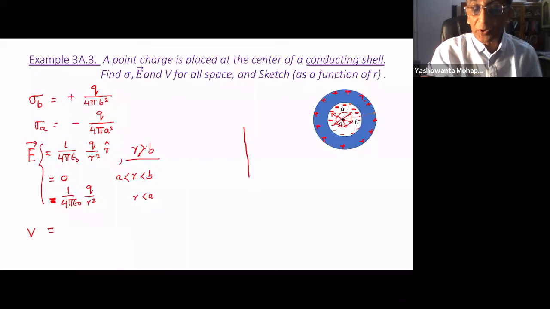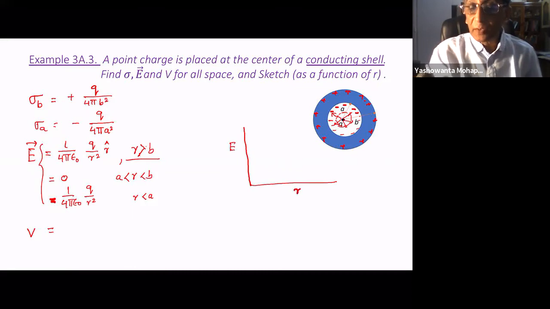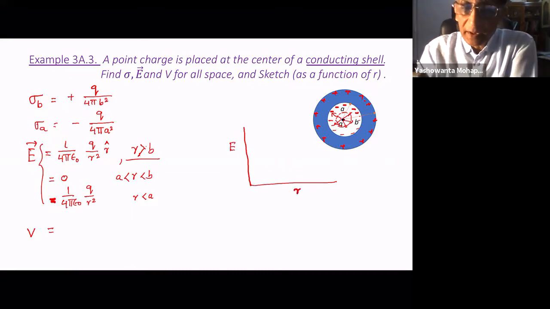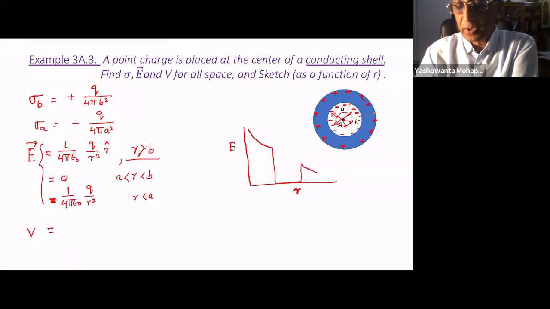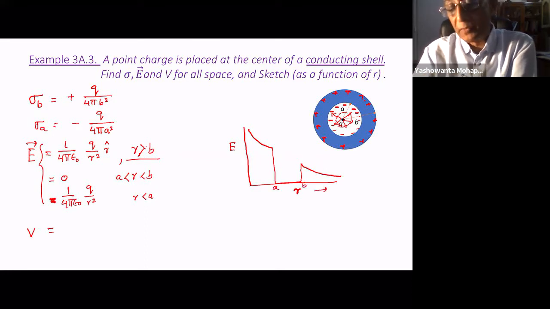If I plot E as a function of R, of course it goes like that inside till A, then from A to B it is 0, and then it continues in its decreasing path. So this is A, this is B, and this is the magnitude of E as a function of R. And what will happen to the potential? You can actually work that out, but we can at least sketch the potential.